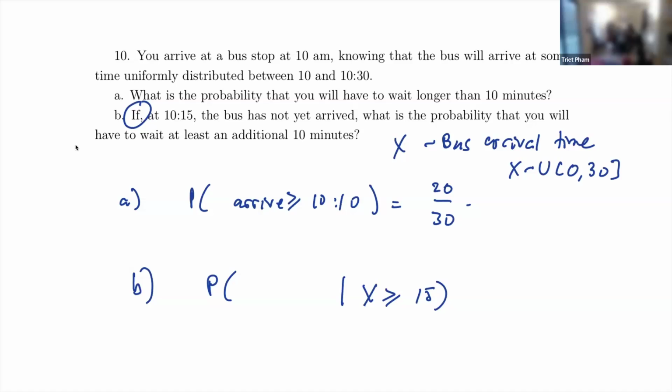So we know that X is bigger than or equal to 15 because the bus has not arrived by 10:15, and you have to wait longer than 10 minutes after that. So that's X bigger than 25. Of course, you now use the definition of conditional probability.